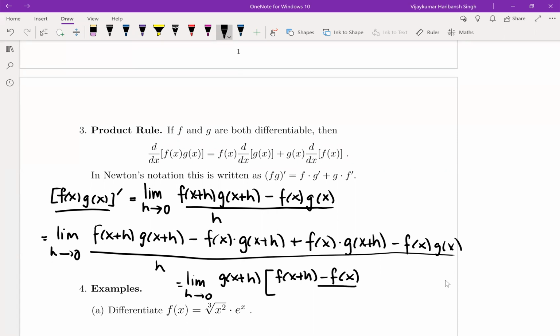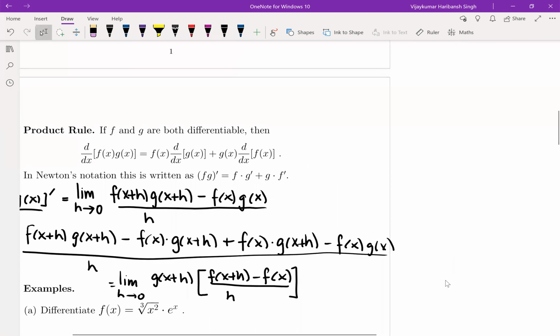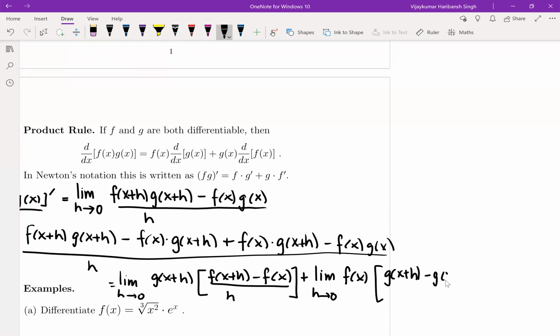I will distribute that h here. Similarly here as well, you will have the limit as h goes to 0. Take f(x) common. And in the bracket, you'll have g(x+h) minus g(x) over h.